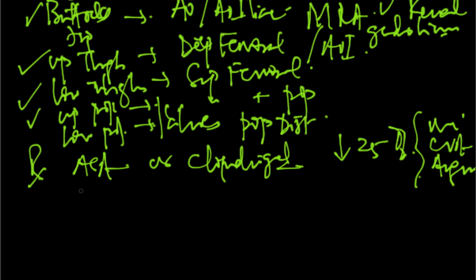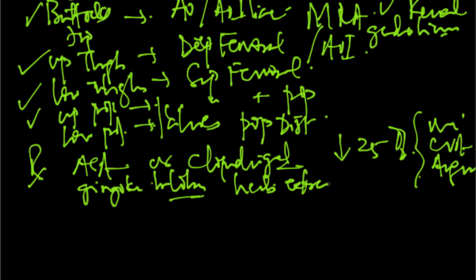Secondly, having defined aspirin or clopidogrel, you'd like to use Ginkgo biloba. Have you heard of Ginkgo biloba? It's an herb extract, a naturally occurring herb.